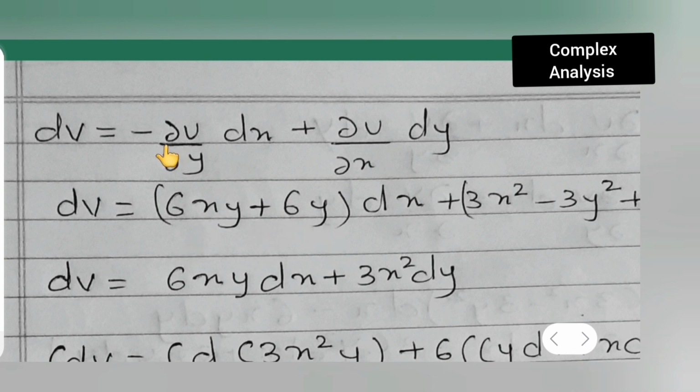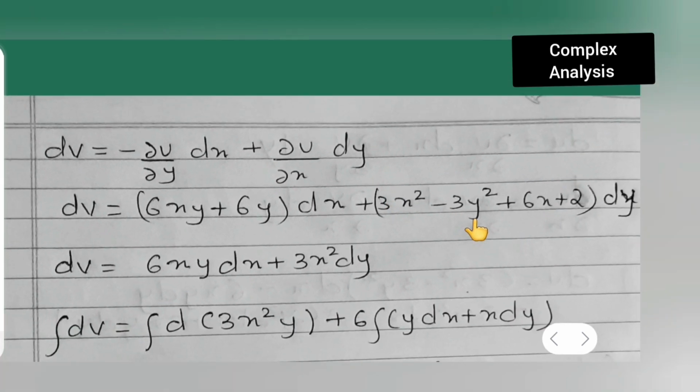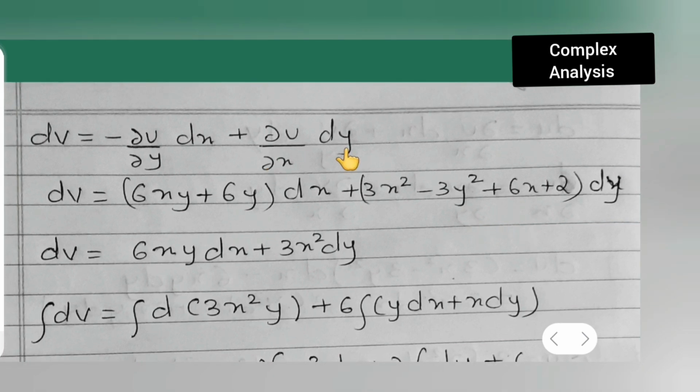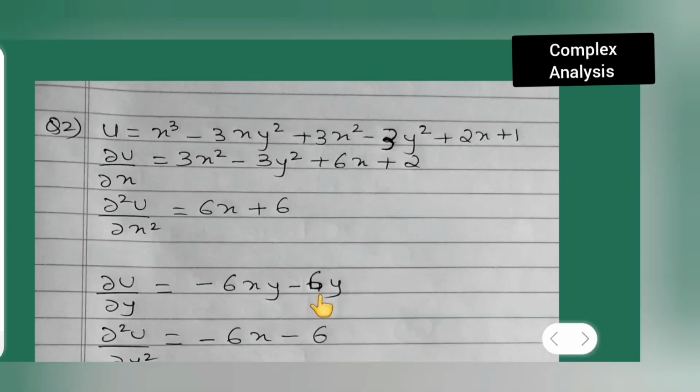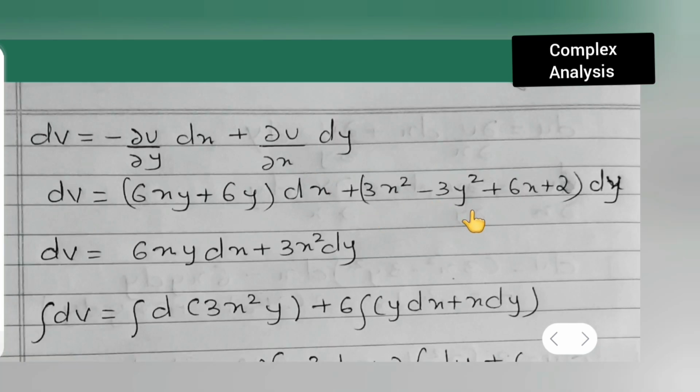Plug this value over here. Because of the sign, this minus and minus got cancelled. Then write dx as it is, plus what we have got. Now what is dou u by dou x? Dou u by dou x is here. Plug that value over here: 3x squared minus 3y squared plus 6x plus 2 dy. Then dv is equal to, now wait.